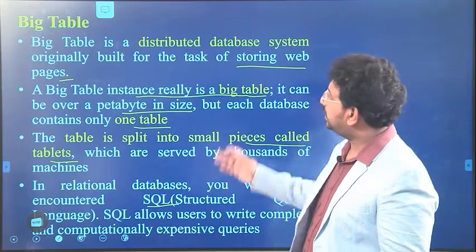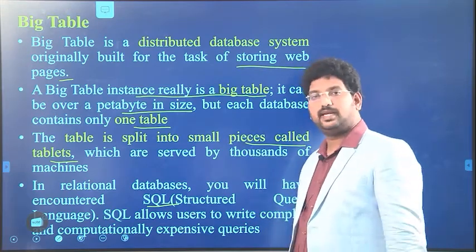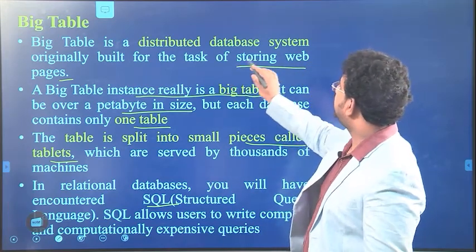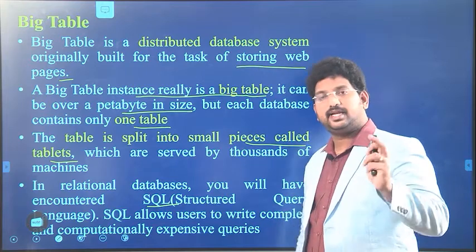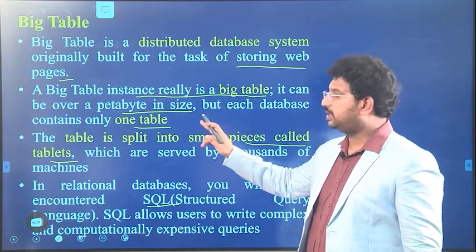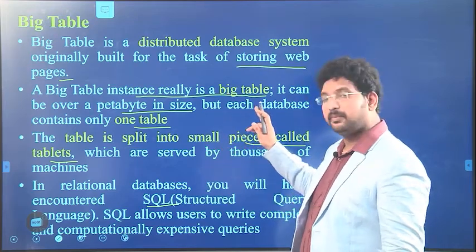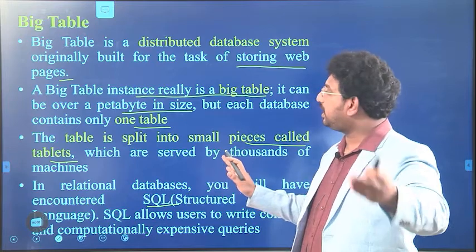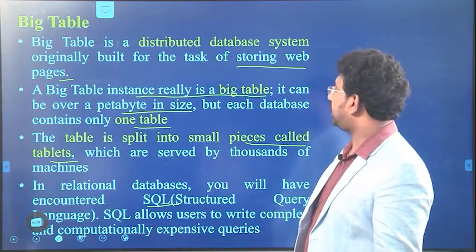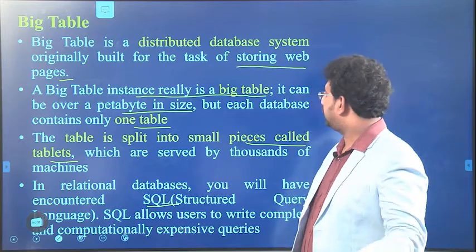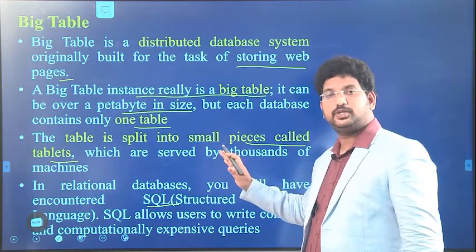As part of this introduction to Bigtable, we are trying to understand that Bigtable is a distributed database system, and Bigtable really is a big table. It can maintain data in petabytes in size, but each database contains only one table.